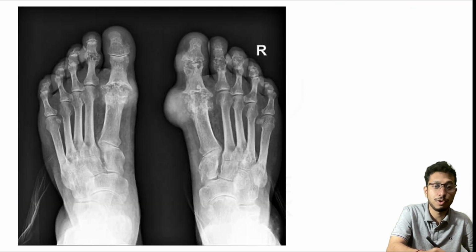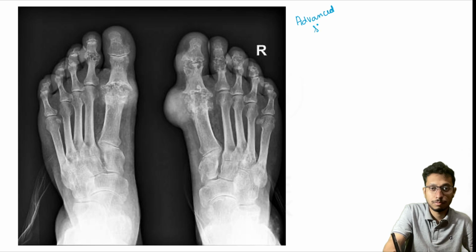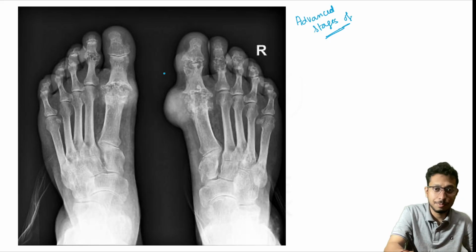Now let's move into the radiological finding. So radiological finding is only seen in advanced stages of gout. Now here you can observe very clearly there are cystic changes in multiple places. There are cystic changes as well as some overhanging margins, right?